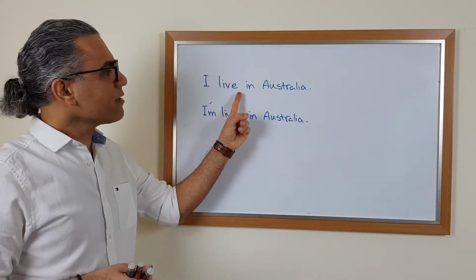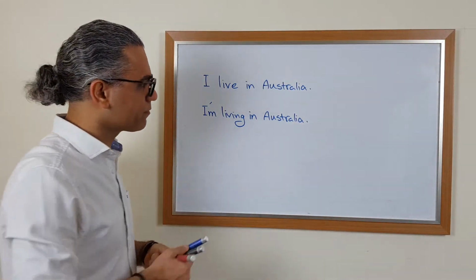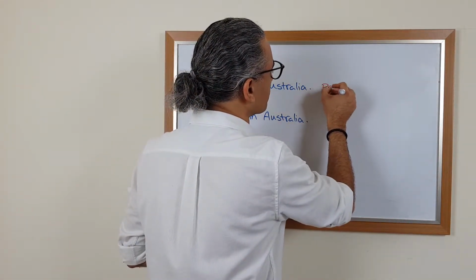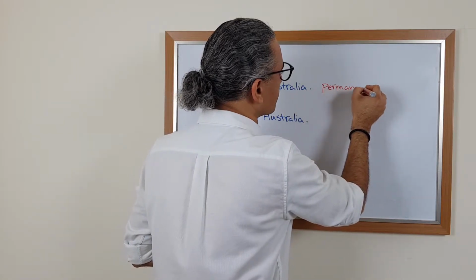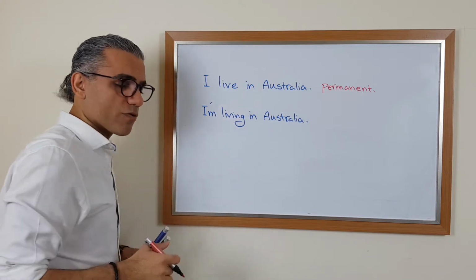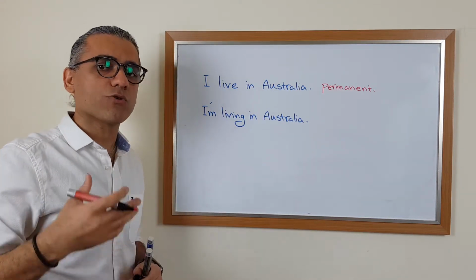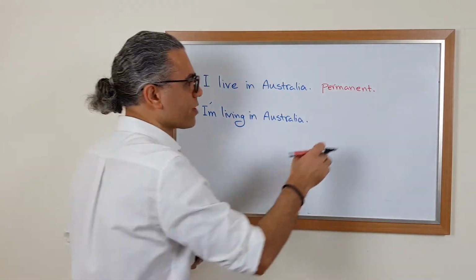When you say I live in Australia, you are describing a permanent situation. But when we use a present continuous form, like this one, I'm living in Australia, you are describing a temporary situation.